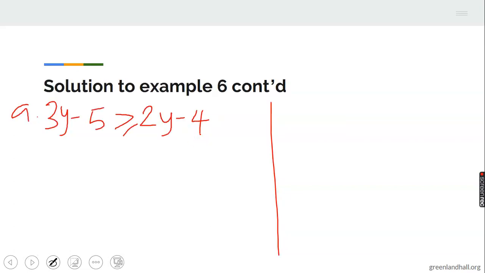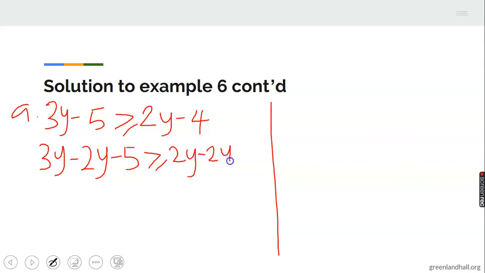So simple. Let me bring 2y to this side. So that means I'm subtracting 2y from both sides. That will be 3y minus 2y minus 5 greater than or equal to 2y minus 2y minus 4. So 3y minus 2y, that will be y minus 5 greater than or equal to minus 4.